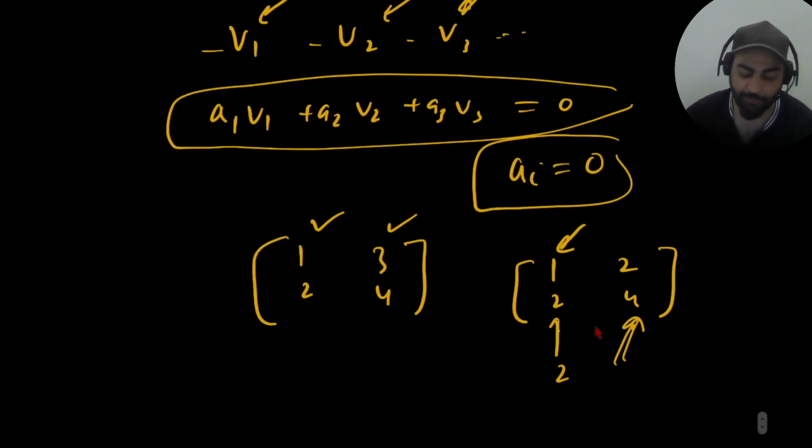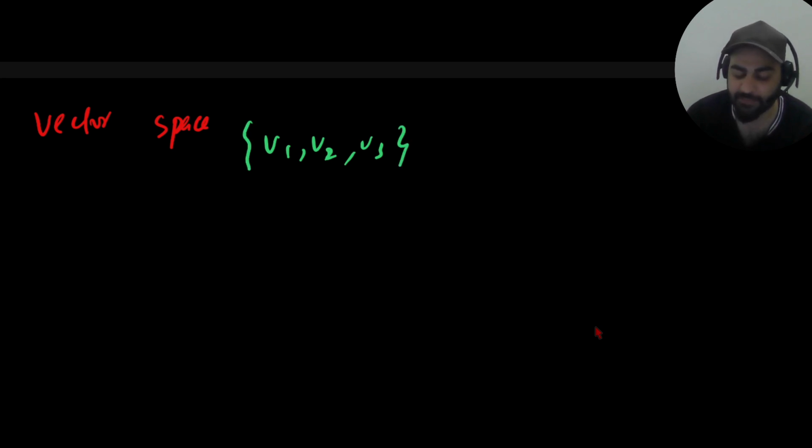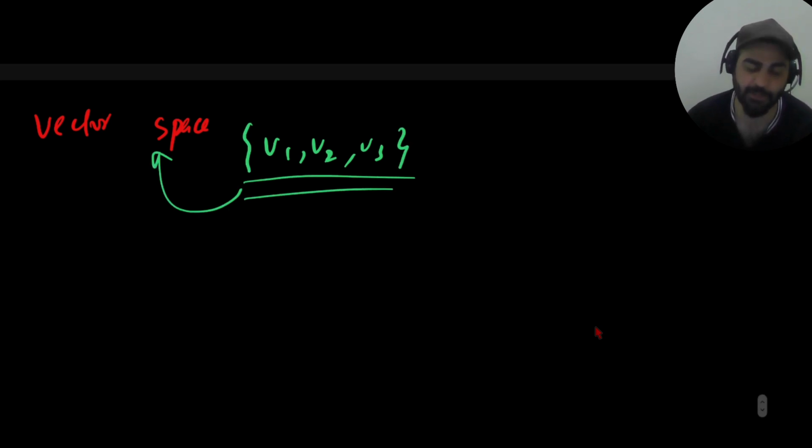So now we have bases. What are the bases? If we have a vector space, now you know the concept of vector spaces, there are a bunch of vectors in the vector space. There are some special vectors, like v1, v2, v3, and if these vectors are able to span the whole vector space, what's the meaning of span?